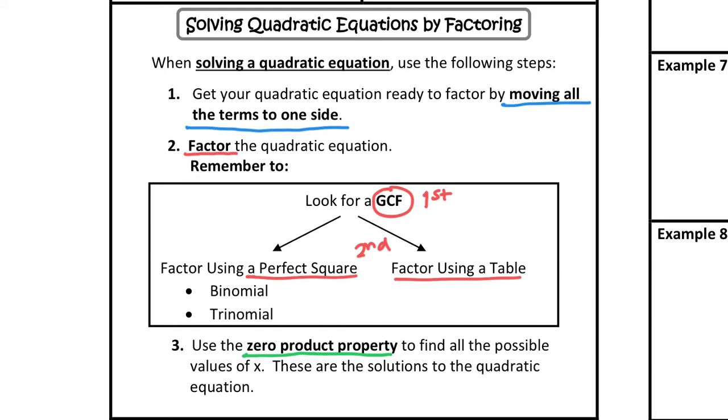The zero product property is saying, if I'm multiplying two terms, A times B, and it equals 0, then that means that either A equals 0 or B equals 0.